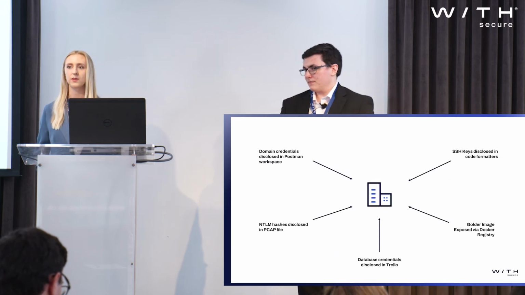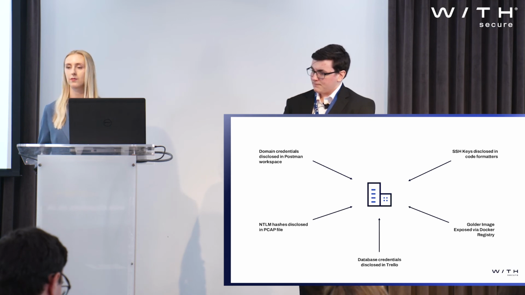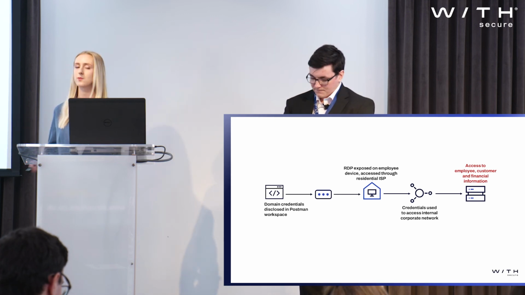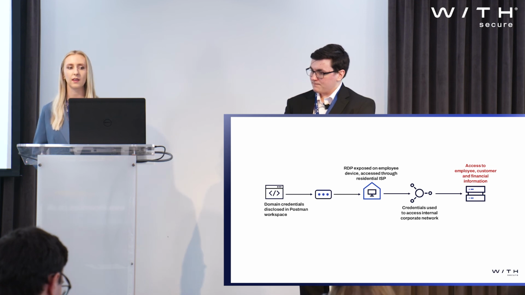So as I mentioned, we've given you some examples now, some more in depth and some more at a high level, all of which we consider to be possible starting points for our attacker, and these ones in particular. So cast your minds back to Tom. As we know, Tom has disclosed his domain credentials within his Postman workspace. As we also know, Tom has been working from home like the rest of us for the last couple of years.